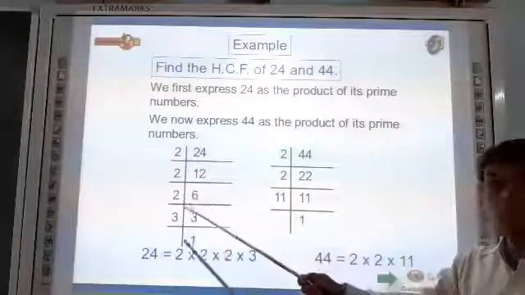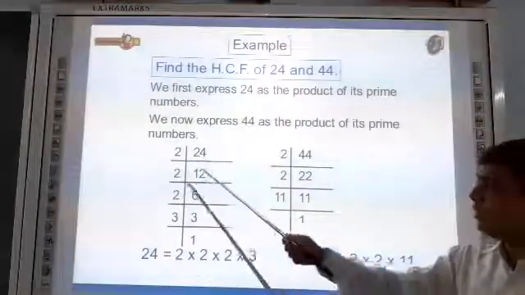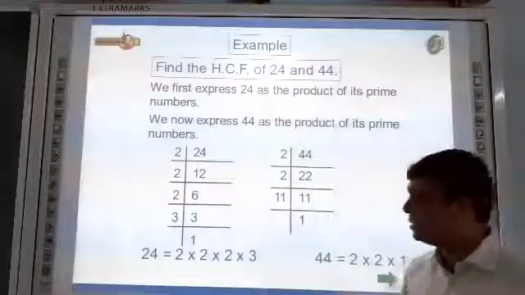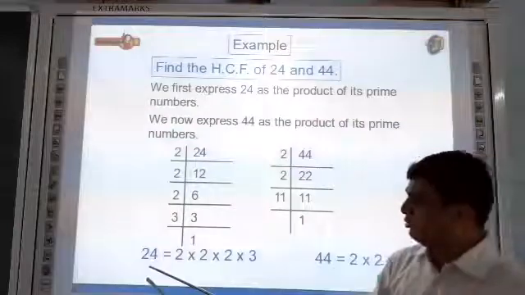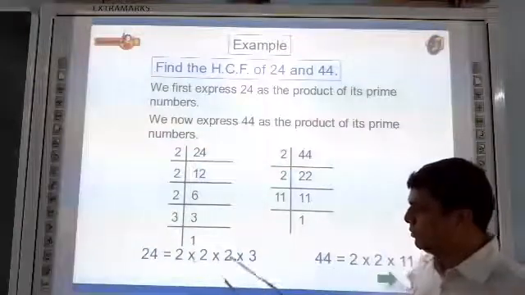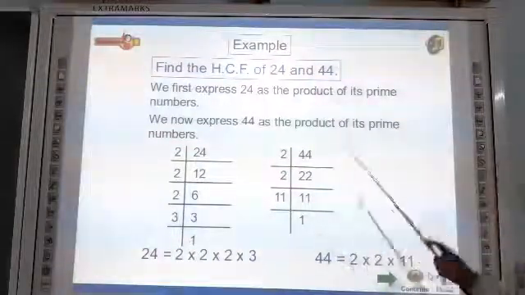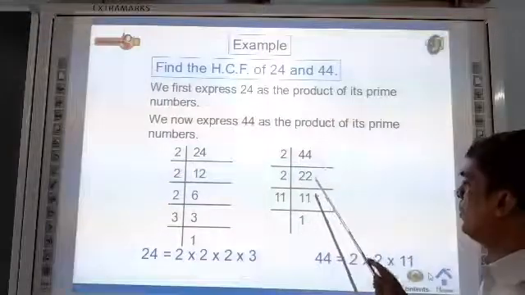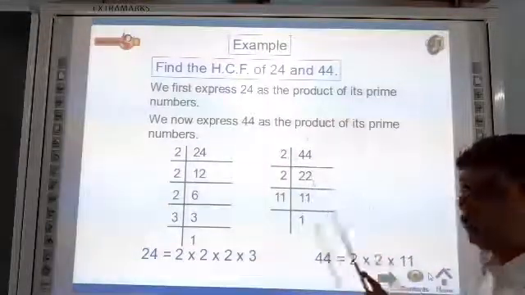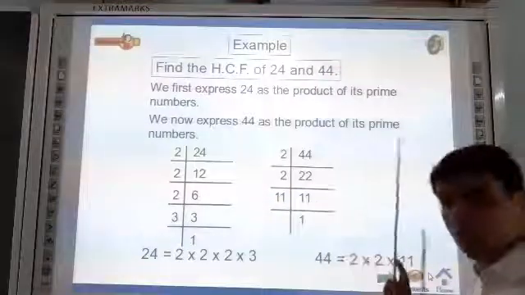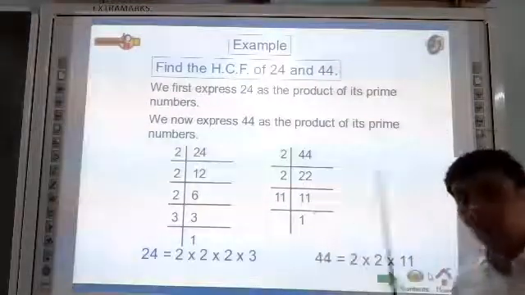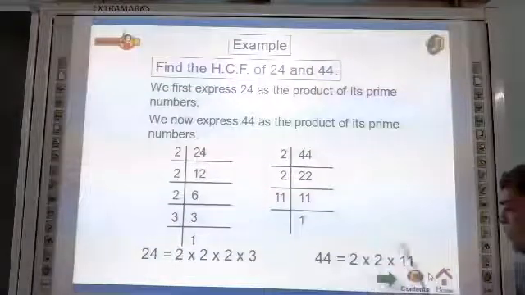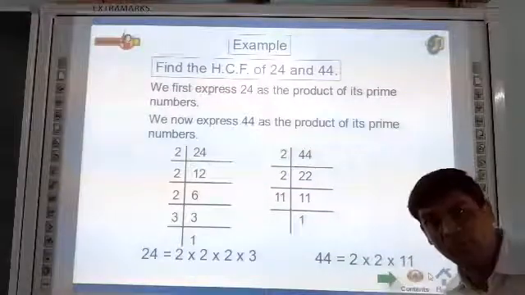Look, factors of 24: 2 12s are 24, 2 6s are 12, 2 3s are 6. Factors of 24 is equal to 2 multiply 2 multiply 2 multiply 3, and factors of 44: 2 22s are 44, 2 11s are 22, 11 1s are 11. Factors of 44 equal to 2 multiply 2 multiply 11.